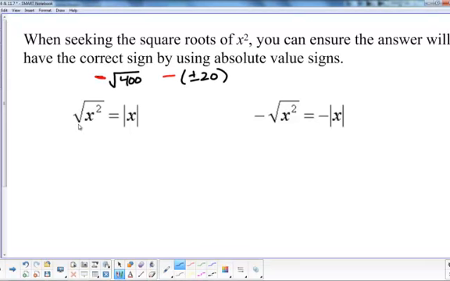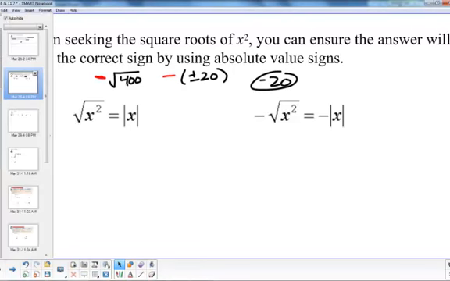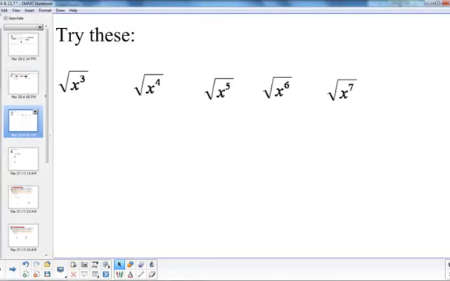So really it's plus or minus 20 no matter what. So if you always just take the absolute value of the square root, you can ensure that you'll get the right sign. So using this method, this would actually be negative 20 as your answer. So we're basically going to focus on the positives.